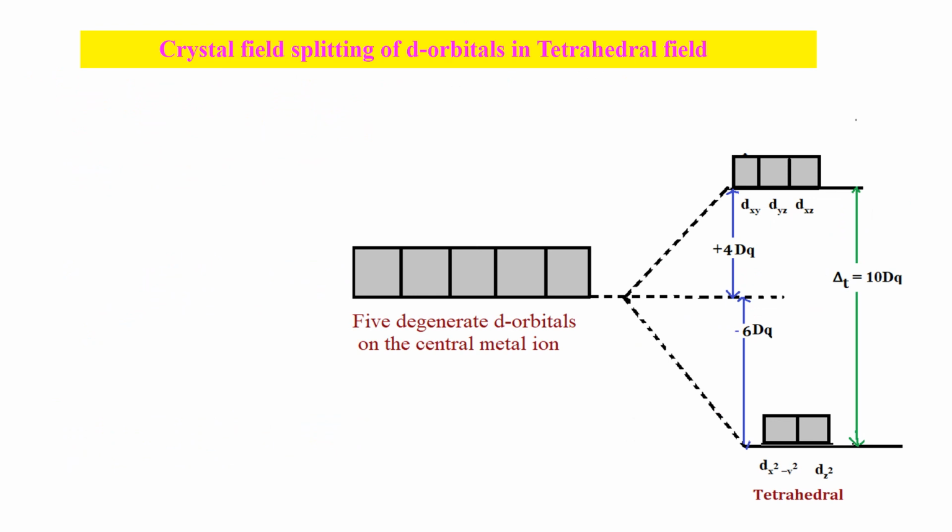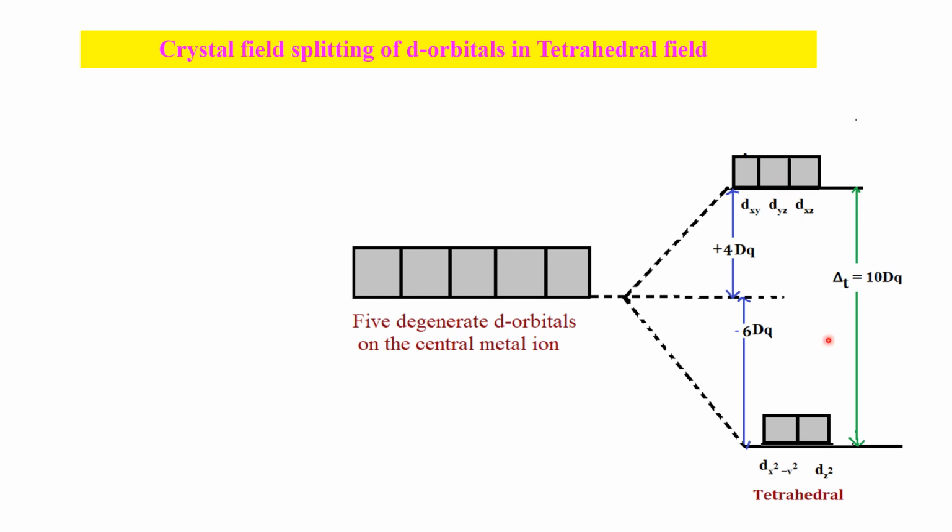Splitting of d orbitals in tetrahedral field. The crystal field splitting in a tetrahedral field is shown in this diagram. Delta T represents the crystal field splitting in the tetrahedral field, and T means tetrahedral. Here the five d orbitals are split into two sets: the E set, that is dx square minus y square and dz square, having lower energy, and the dxy, dxz and dyz orbitals having higher energy, that is the T2 set.